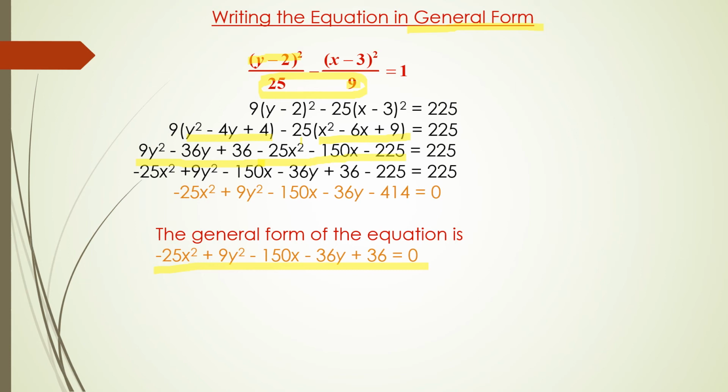As long as the highest exponent comes first, then the alphabetical placement x, y, and then the constant equals 0. Where a is negative 25, c is 9, d is negative 150, e is negative 36, and f is 36.